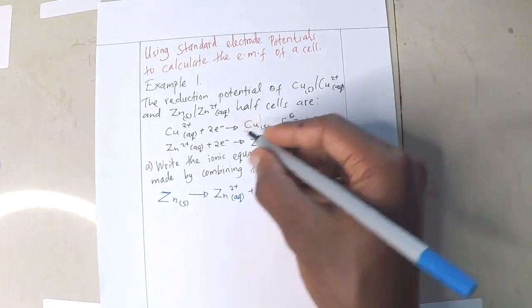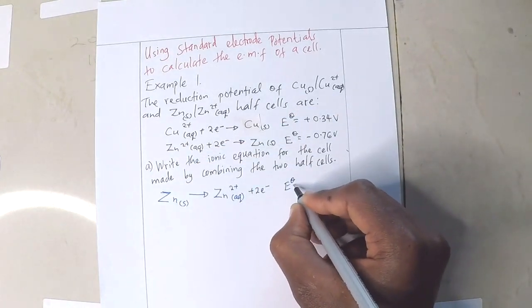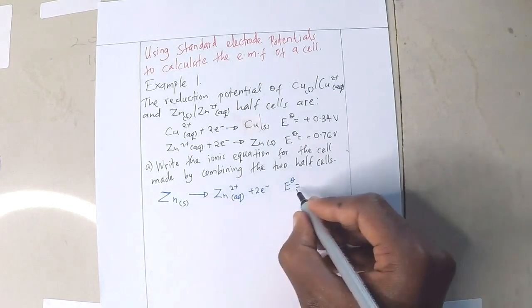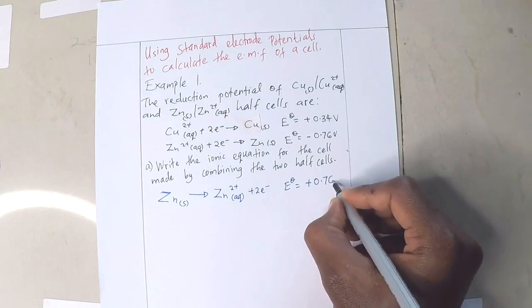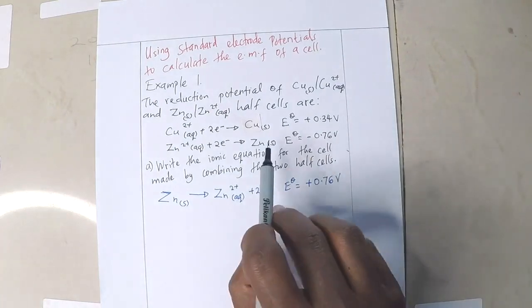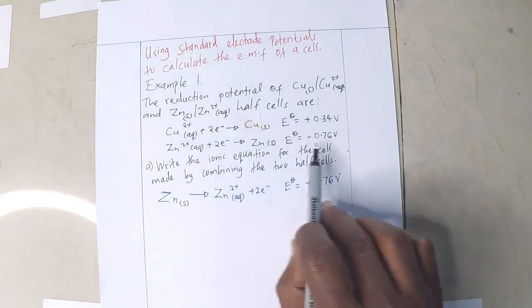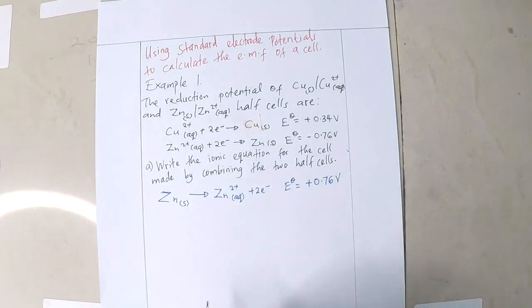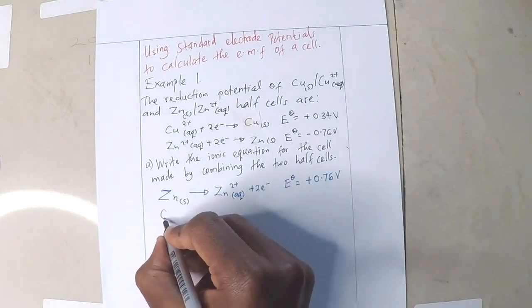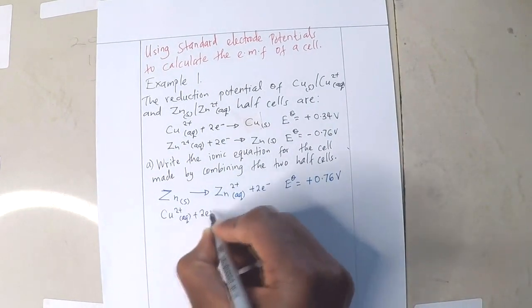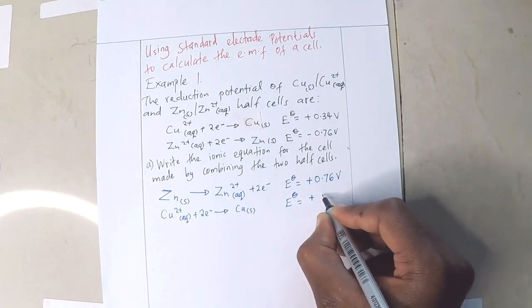Since we reversed this equation, our E theta value for this equation is going to be positive 0.76. So in essence, we reverse the equation of the stronger reducing agent and reverse the sign of the electrode potential. The one for copper remains the same, and its electrode potential remains the same as well.